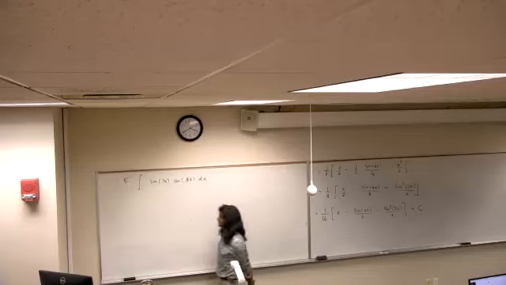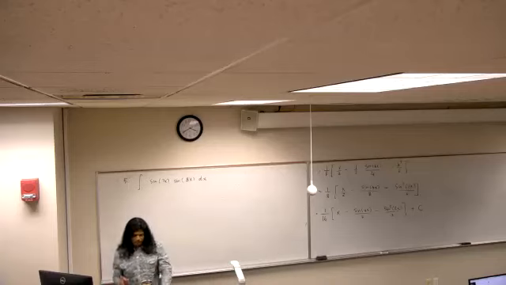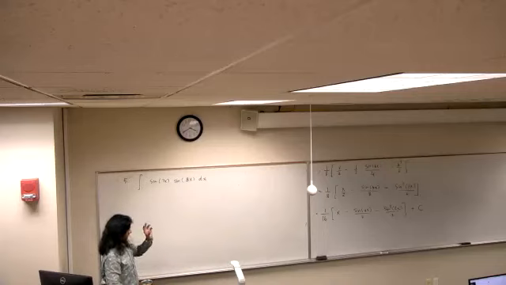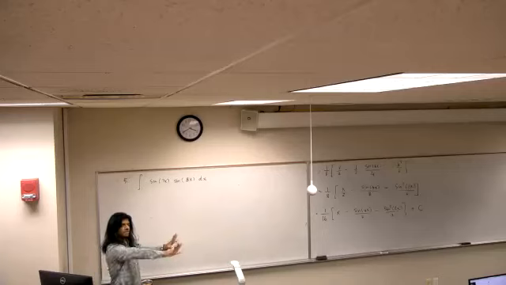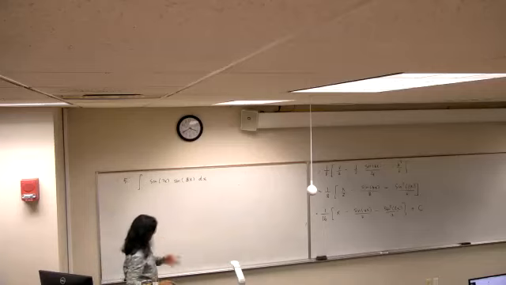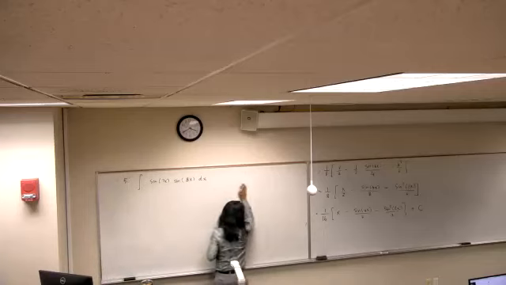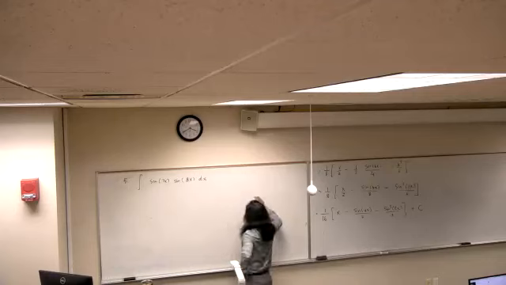Type 5. So if you don't have powers, but you have sine cosine, sine sine, or cosine cosine, then you've got to take a different approach. What is that other approach? This.